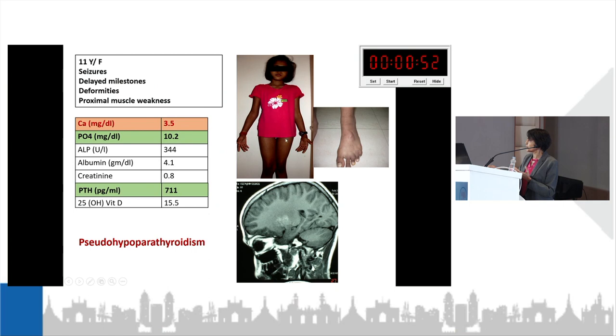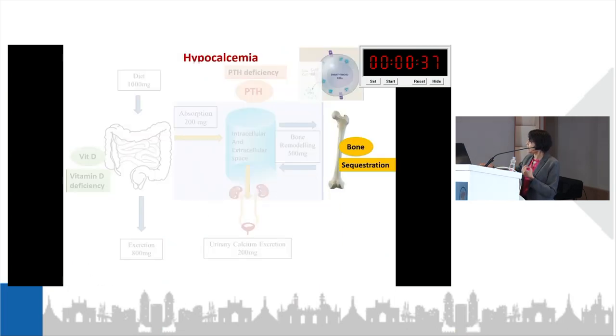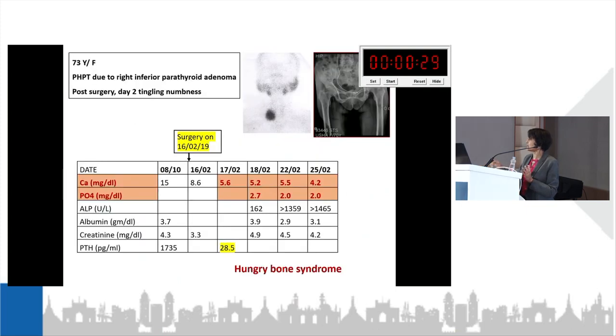Same case with ectopic calcification, which you can see over here as a bump on her foot, which led to a cue that this could be a state of pseudo-hypoparathyroidism.